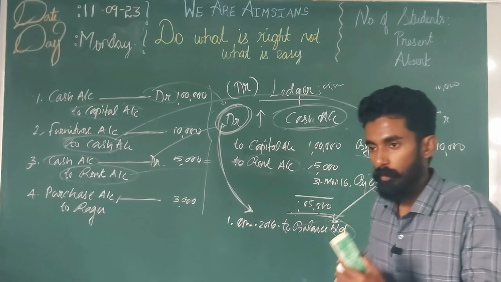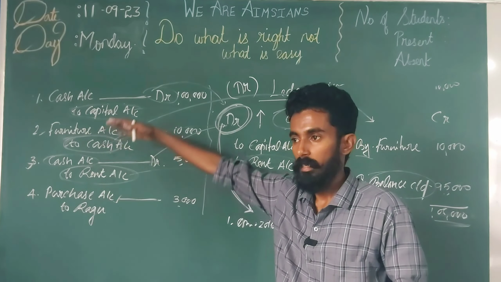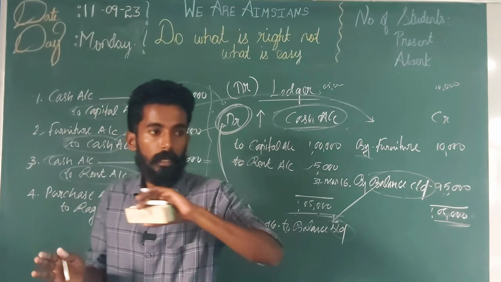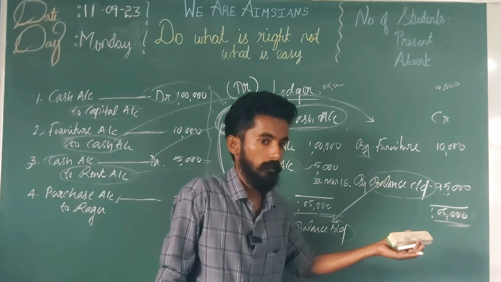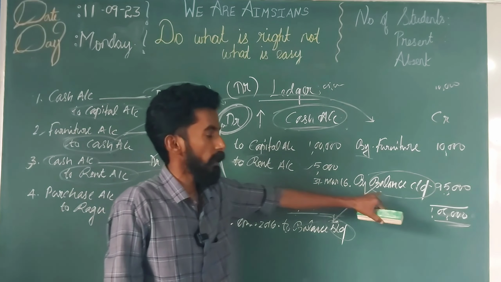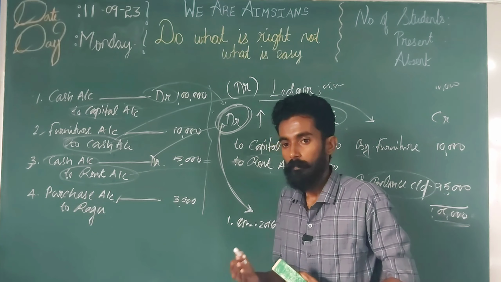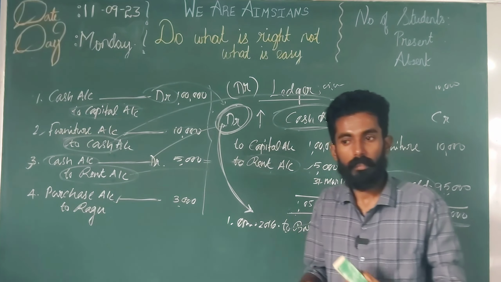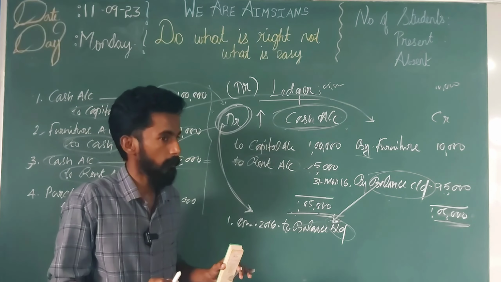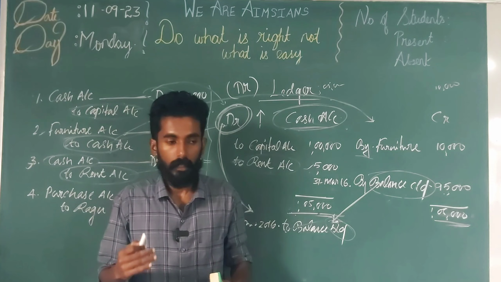Okay, like this you can prepare the rest of the accounts. Clear? These are the entries; you only have to post these entries into the respective ledger accounts. Clear? Depending upon this balance only we can prepare the trial balance also. So next class we can discuss what a trial balance is. Ready? So prepare these topics and come tomorrow, we will discuss the rest of the topics.